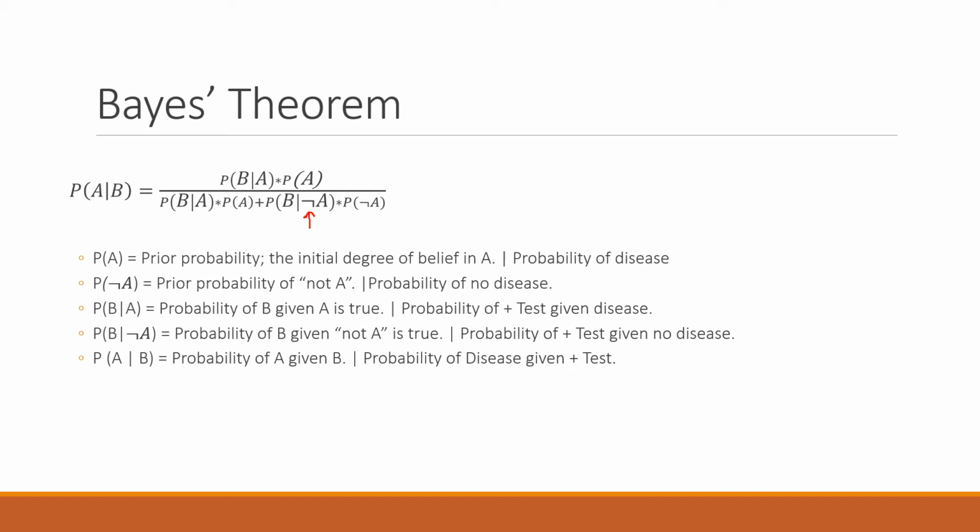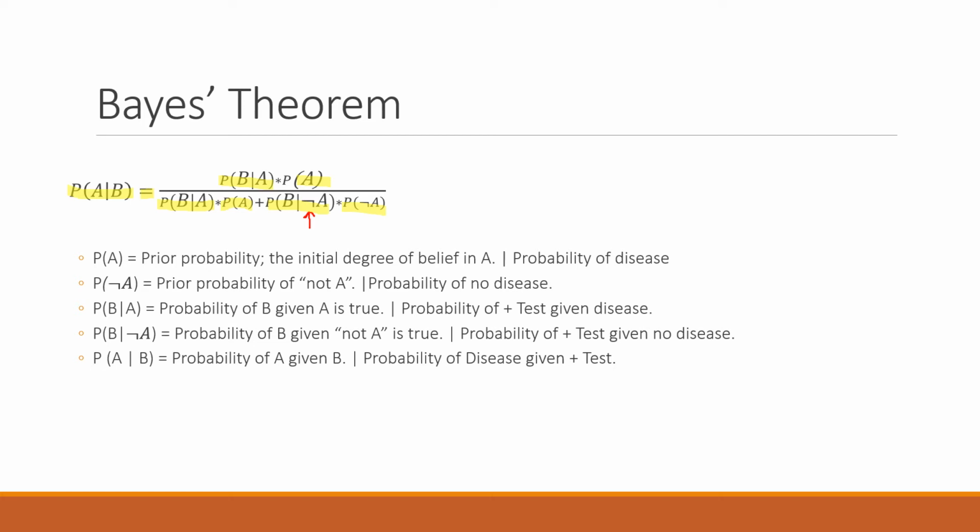We can read P(A|B) as the probability of A given B, and that is equal to the probability of B given A times the probability of A, divided by the probability of B given A times the probability of A, plus the probability of B given not A times the probability of not A.